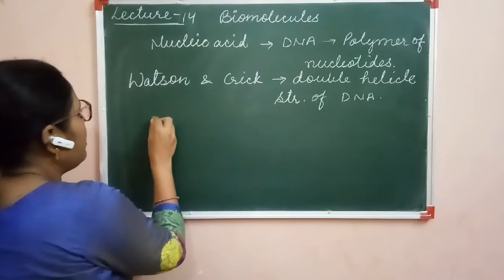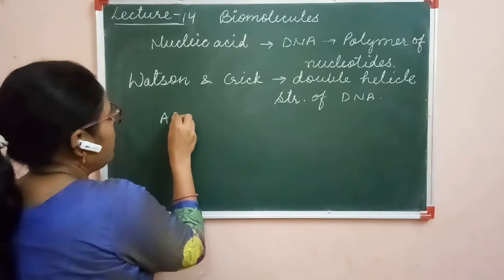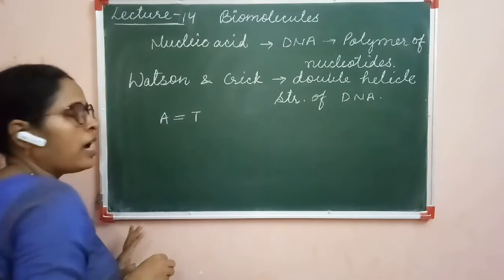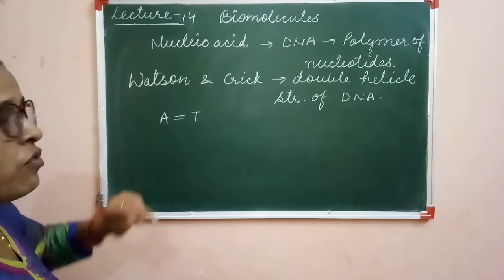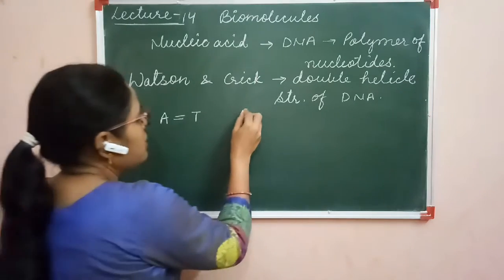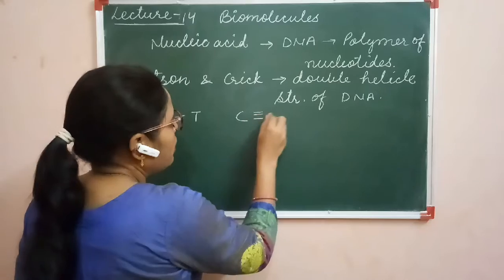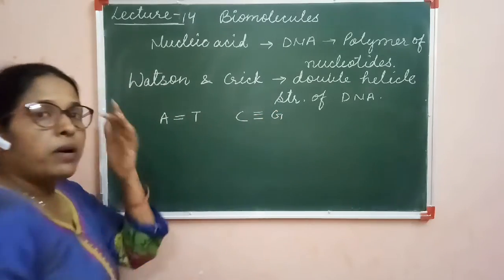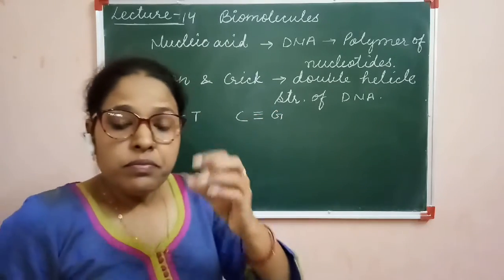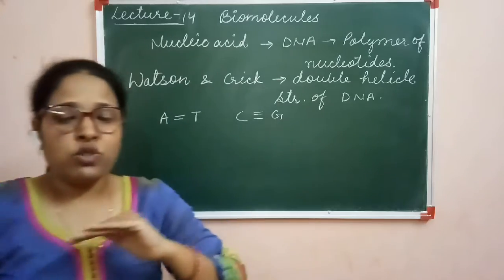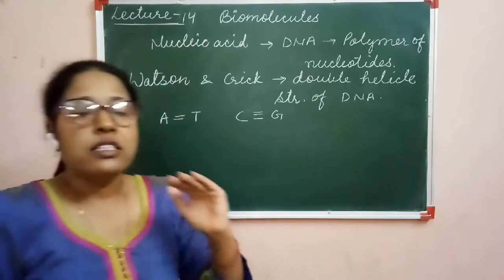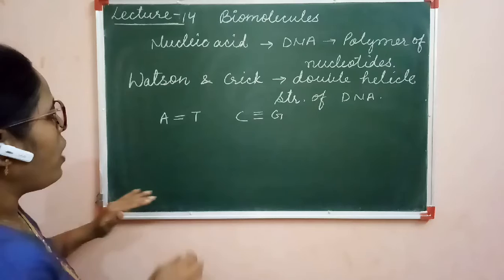Adenine pairs with thymine with a double bond, and cytosine pairs with guanine with a triple bond. Clear? Adenine pairs with thymine and cytosine pairs with guanine.